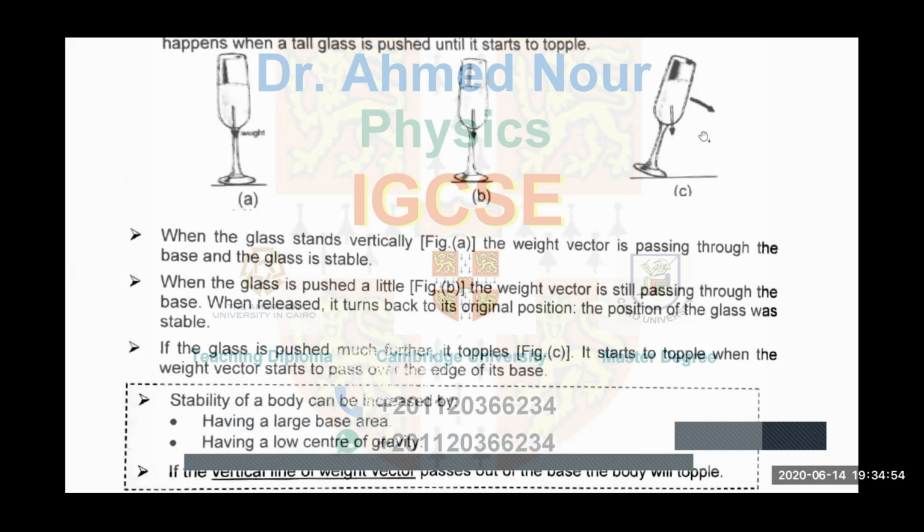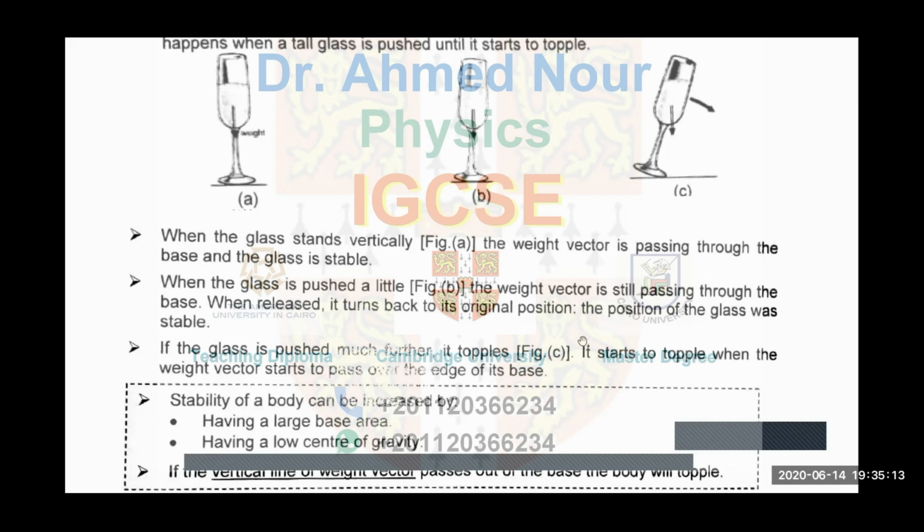It starts to topple when the weight vector passes over the edge of its base. So to make the objects stable, the weight vector must pass through the base.